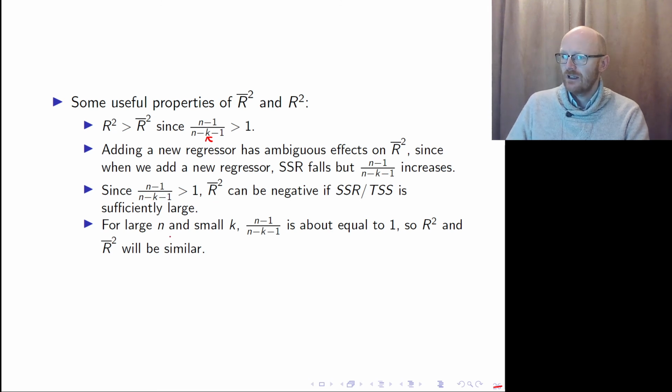And lastly, for large N and small k, which means that you have a lot of data and a small model, this penalizing term is about equal to 1, which means that R squared and adjusted R squared would be quite similar. So, see you next time.